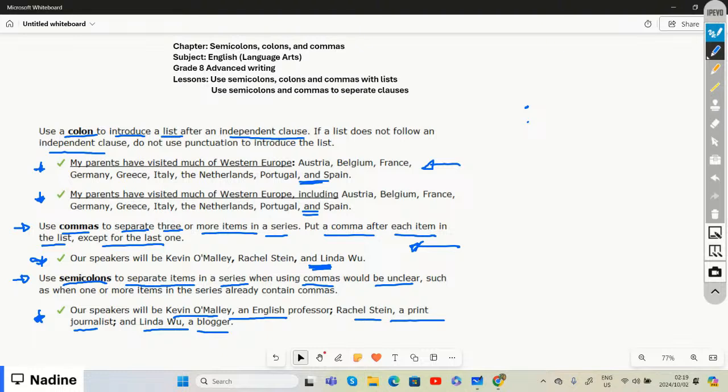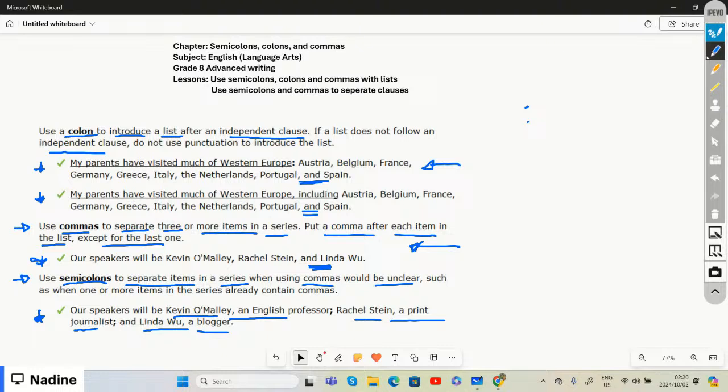The items are separated with semicolons because each speaker's name plus profession already contains a comma.